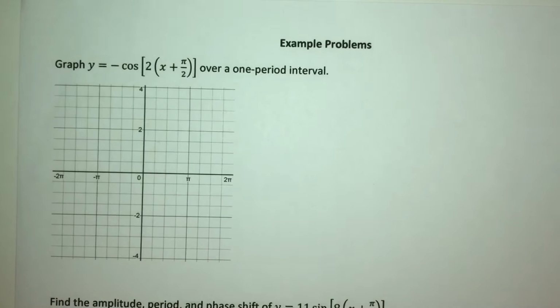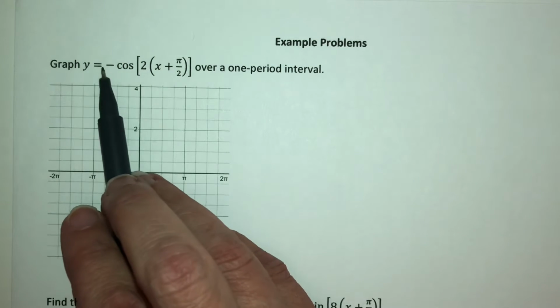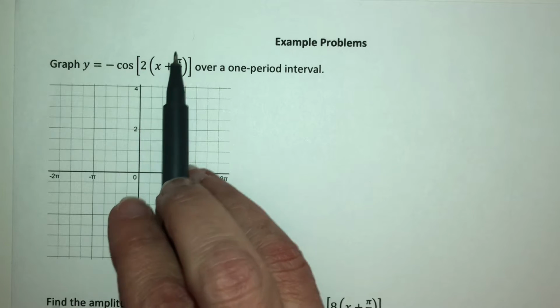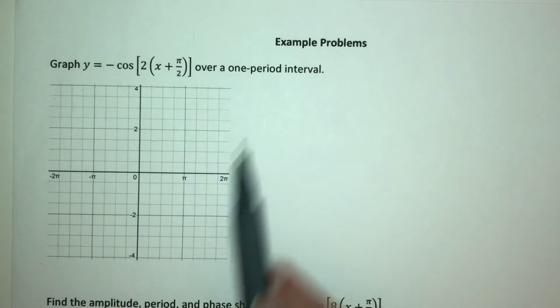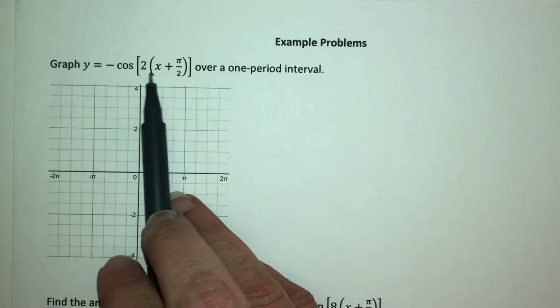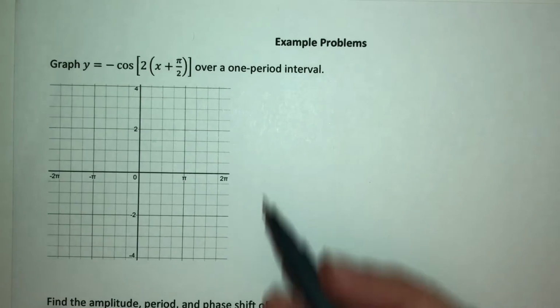So let's graph y equals negative cosine of 2 times x plus pi over 2 over a 1 period interval. Now this 2 value is not distributed. That's a 1 there, which makes it all great. I don't have to worry about that.